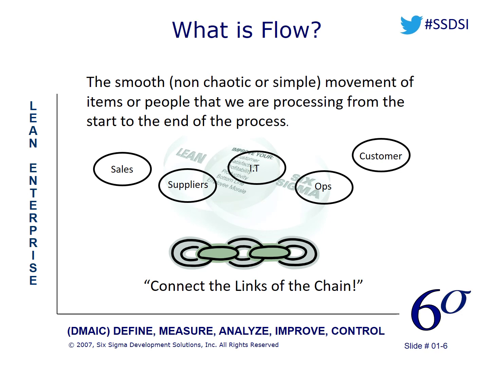And in that first video that I showed you, a lot of people, when I ask what the improvement should be, say, well, let's automate it. But really, all you're doing when you automate a complex process with broken links of the chain is, instead of having physical waste in between the links, you now have digital waste.